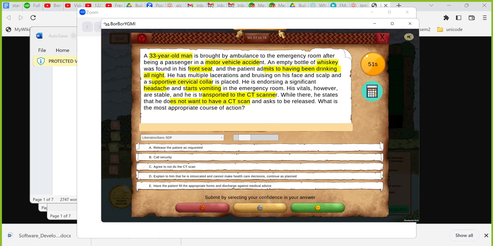Right. So what are you thinking? So this is a guy who is an RTA victim, and he seems like someone who has a traumatic brain injury. Right, potentially. And the patient is completely drunk, so he is not giving us consent to do further management. Right.